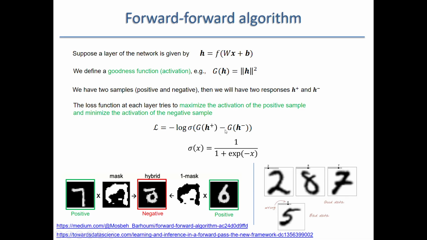So we try to separate positive from negative examples at each one of the layers, and as said, this is giving worse results than the backpropagation, but I think it is an interesting way to start thinking of something else, so that we can explore new ways of optimizing our networks.